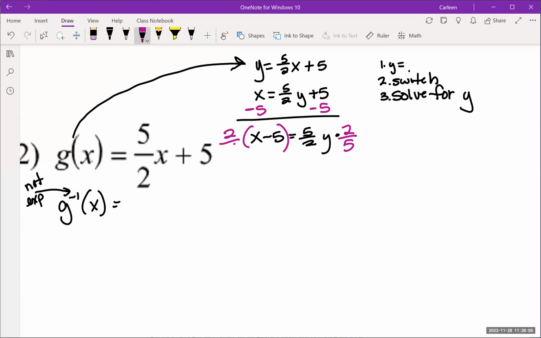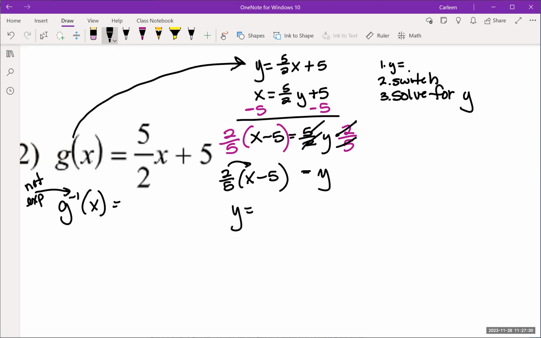Multiply by 2, divide by 5. Cancel. y is equal to 2/5 times (x minus 5). And you might leave it like that, or you might distribute.